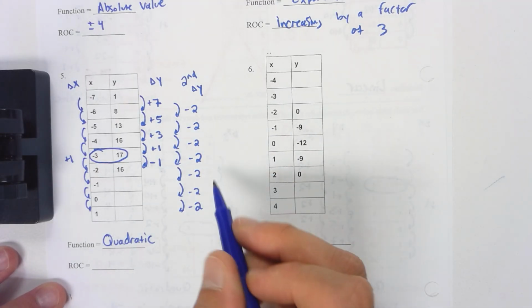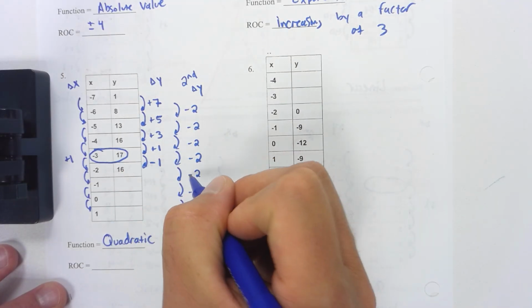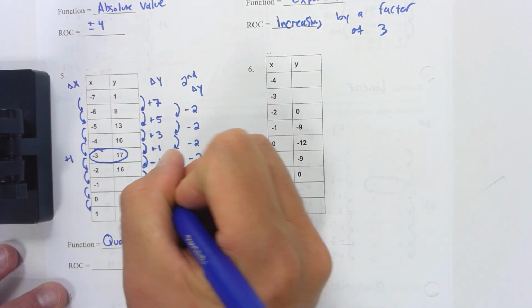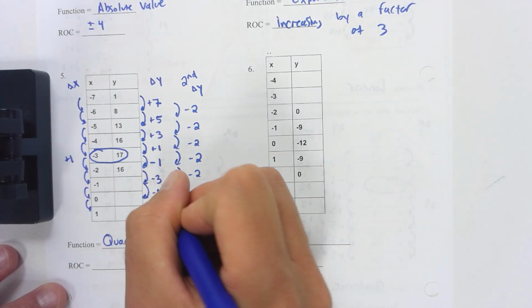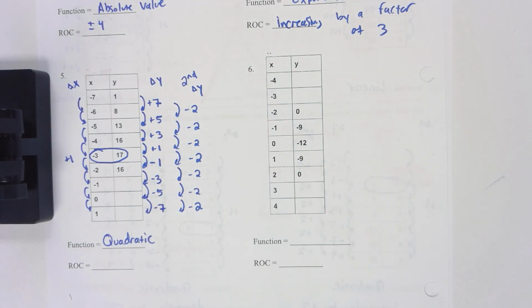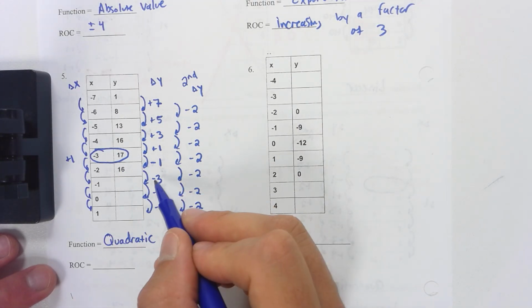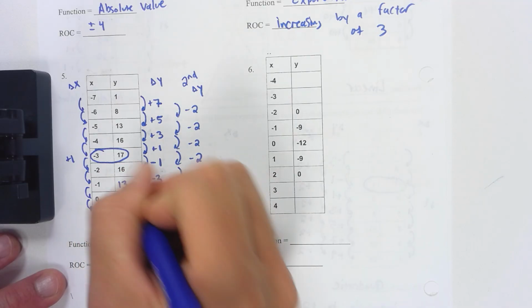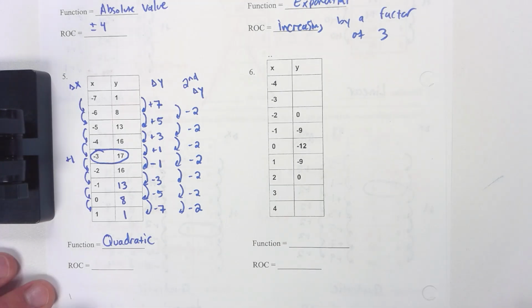Using the second change in y's, I can now find the first change in y's, where I can do negative 1 minus 2, which is minus 3. Minus 3 minus 2, which is minus 5. And minus 5 minus 2, which is minus 7. Once I find all the change in y's, now I can just fill in the remaining y's. So 16 minus 3 is 13. 13 minus 5 is 8. 8 minus 7 is 1.